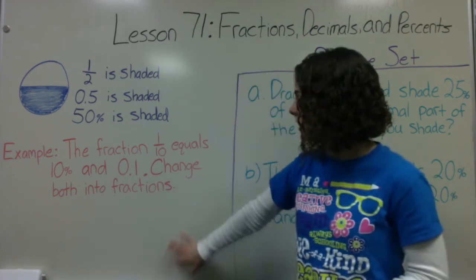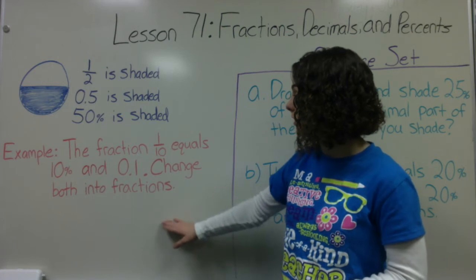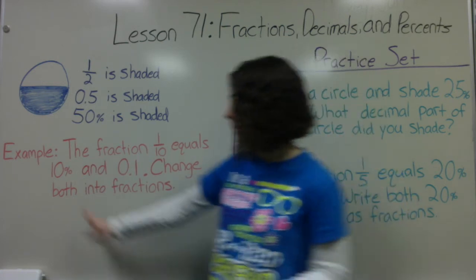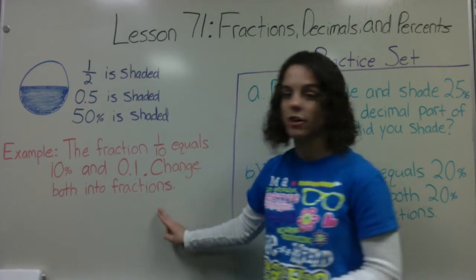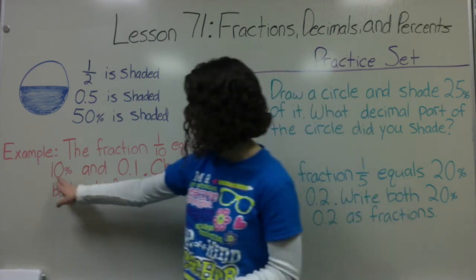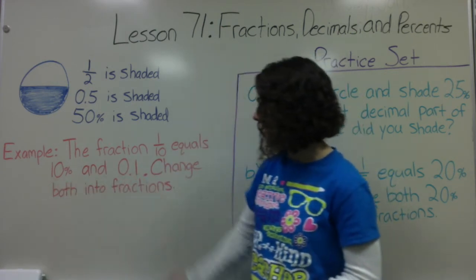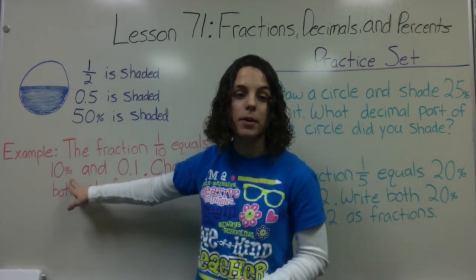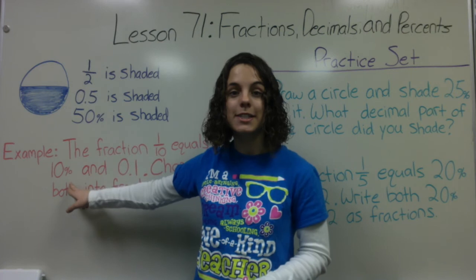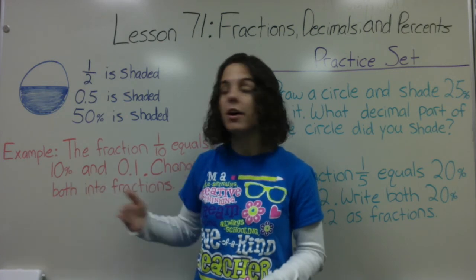So the example problem says the fraction 1/10 equals 10% and 1/10. Change both into fractions. So I'm going to change both 10% and 1/10 into fractions. Now percent, remember this is why we've learned that percent is out of 100.